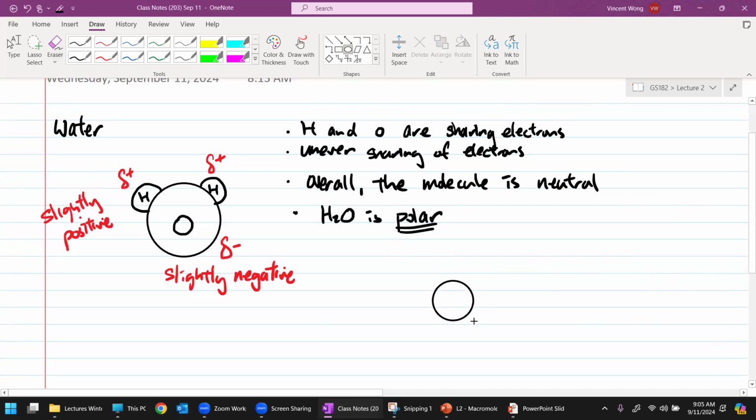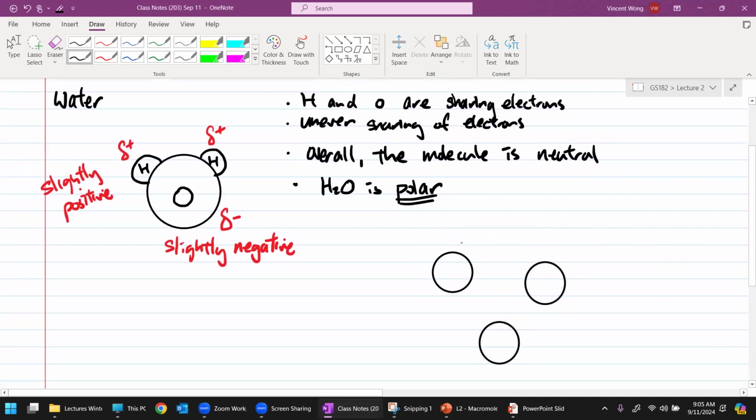If you put water molecules next to each other, and they're always going to be next to each other, remember the ears are the hydrogen. The slightly positive hydrogen will be attracted to the slightly negative oxygen. So they behave like tiny magnets that have an attraction for each other.